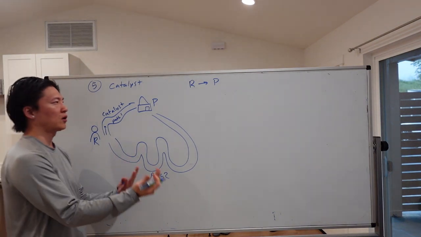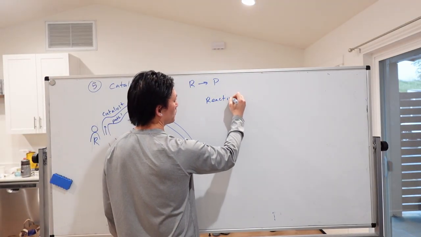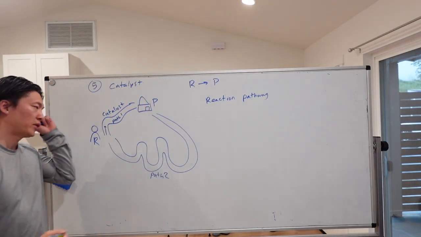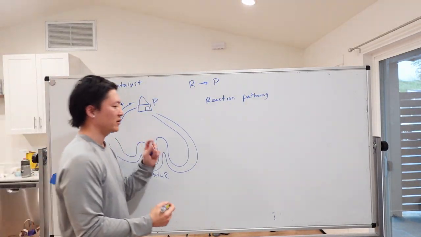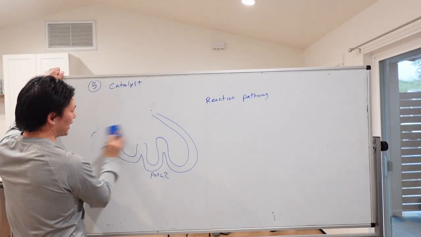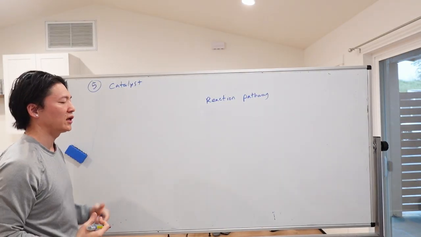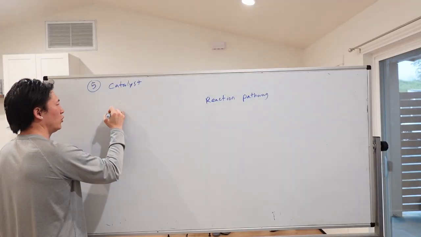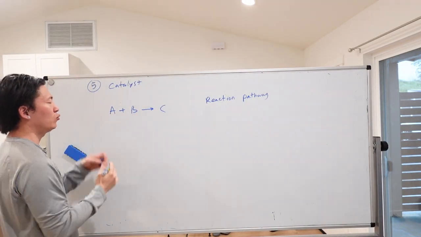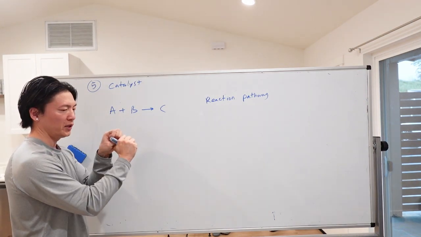And so since we're talking about reactions, we need to talk about reaction pathway. And actually it gets really complicated. What it really means is when two reactants collide, so now I'm going to switch. This was just an example, right? So that we can understand what a pathway could be and how to visualize it. Really though, if you have two reactants, A, B goes to C, we don't really know, because it's beyond the scope of this course, but we don't know what happens when A and B collide.